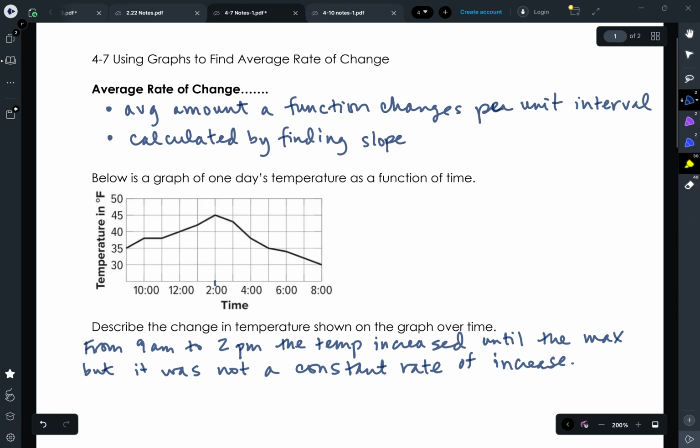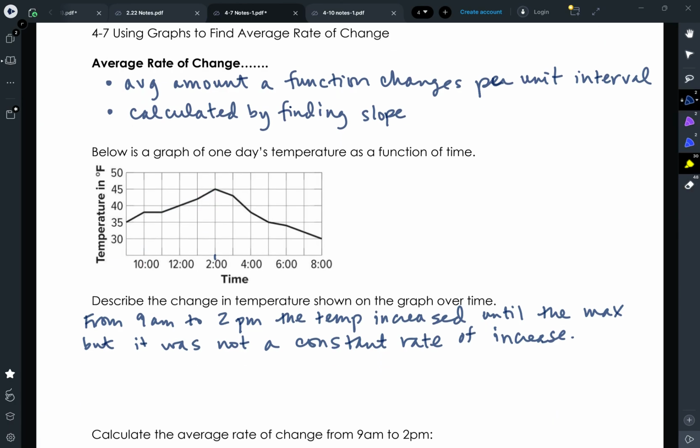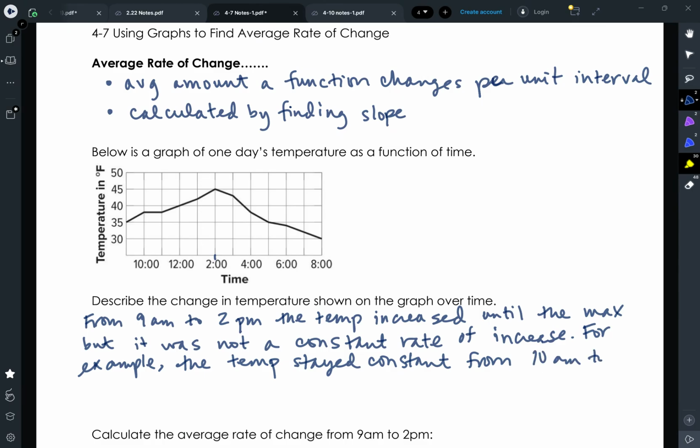All right, what happens next? For example, this is something else I wrote earlier. The temperature stays constant, or stayed constant from 10 to 11. From 10 a.m. to 11 a.m. It's kind of bugging me we didn't say anything about that.